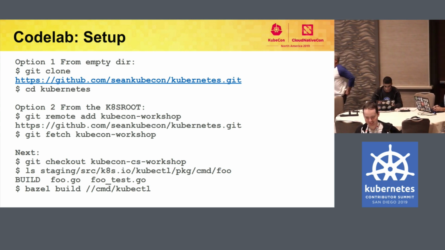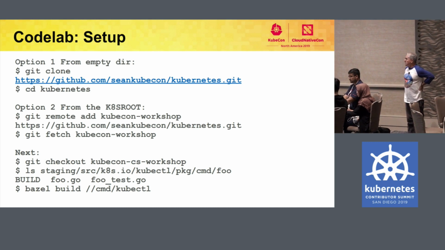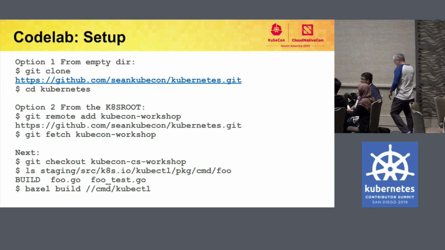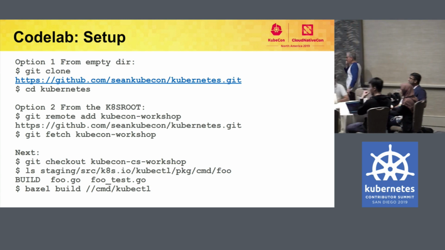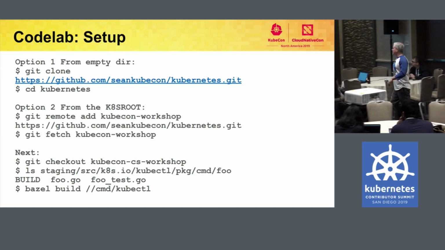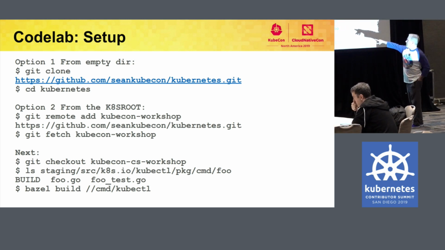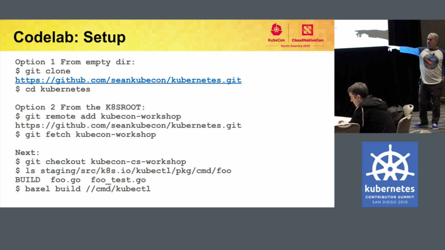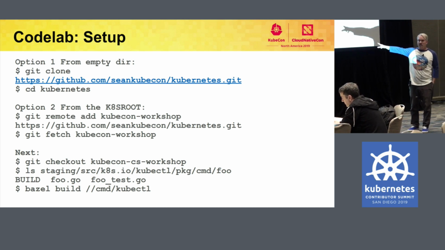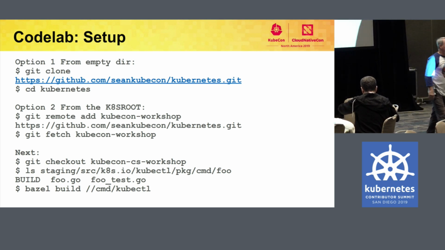Someone raise their hand when they're finally able to download it and check out that particular branch. When it's finally downloaded and you've checked out the branch, try to do a Bazel build again of the kubectl command. Somebody can raise their hand when they finally build it.